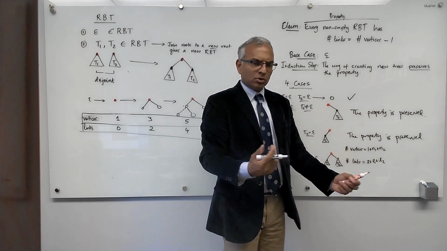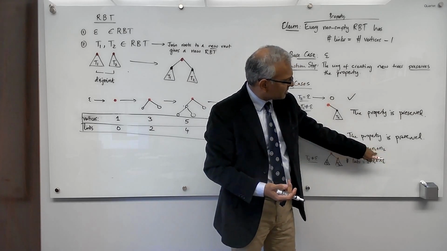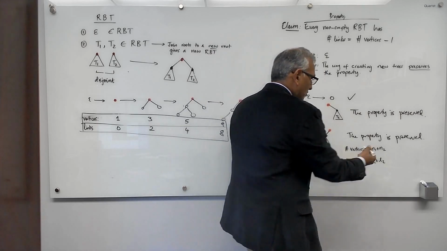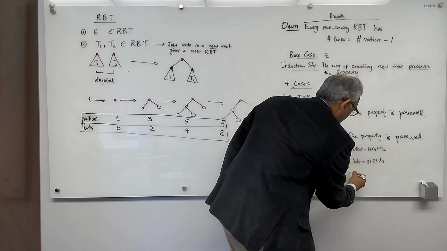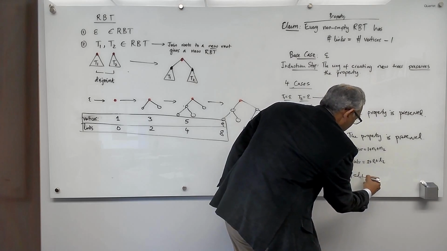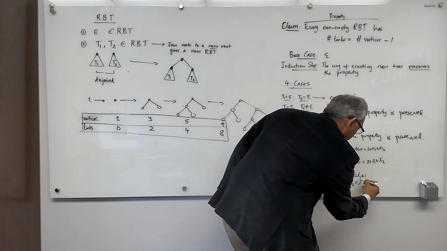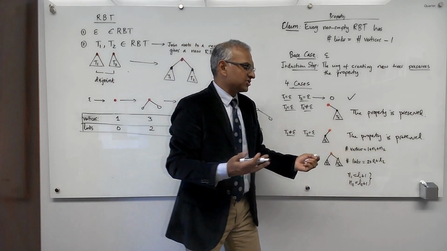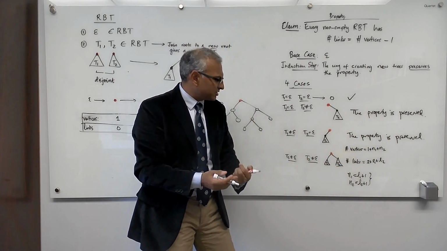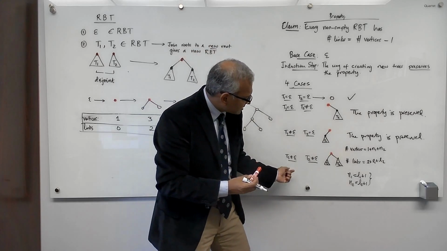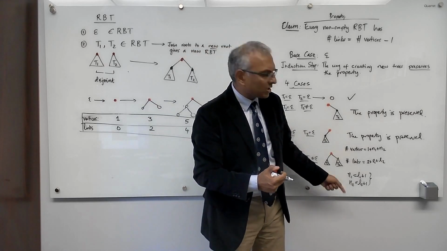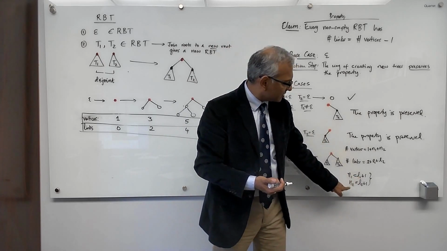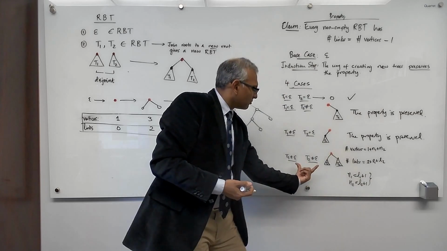Okay. So it would be great if this number of vertices is 1 plus that number of links. But we know that n1 equals L1 plus 1, and n2 equals L2 plus 1, because we're only trying to show that the property is preserved. So we only need to consider the situation where the parents have the property. So what's the property? The number of vertices is 1 plus the number of links, for both the parents.